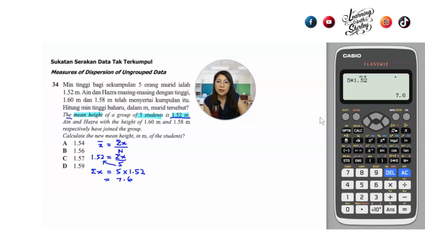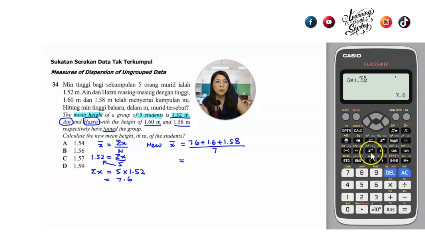So let's read on. Ayn and Hazra, with the height of 1.6 meters and 1.58 meters, respectively, have joined the group. So now we have how many students? Just now was 5, plus 2, we have 7 students, right? In order to find the new mean height, here we have 7.6, plus Ayn, plus Hazra, and over 7 students.